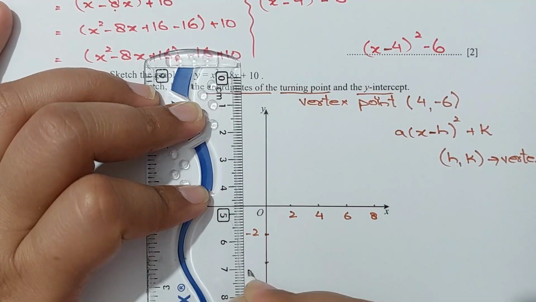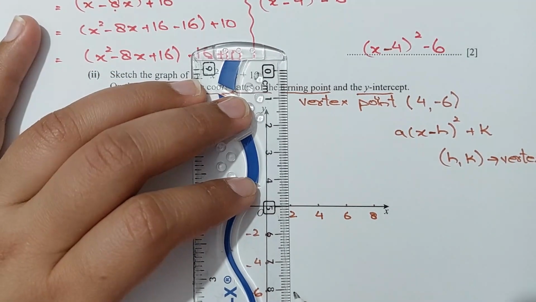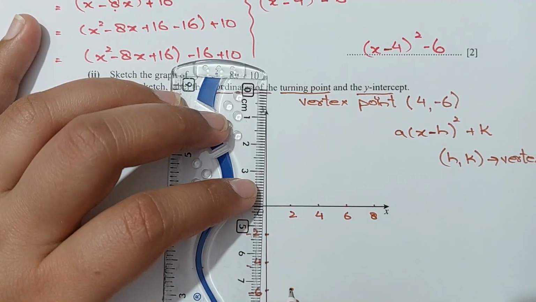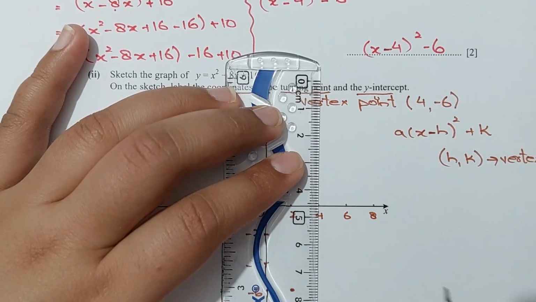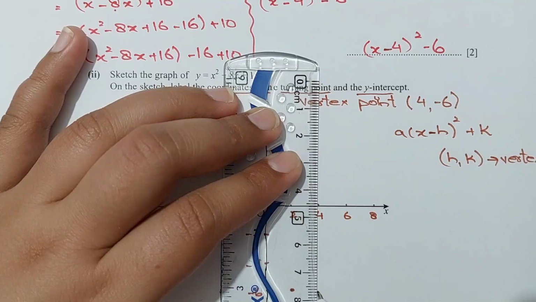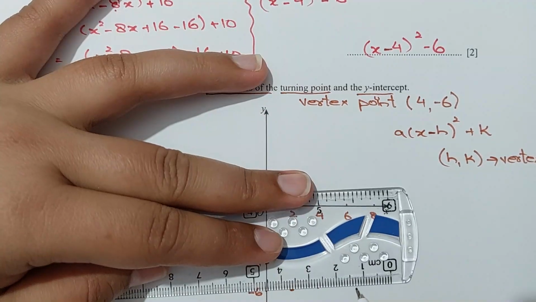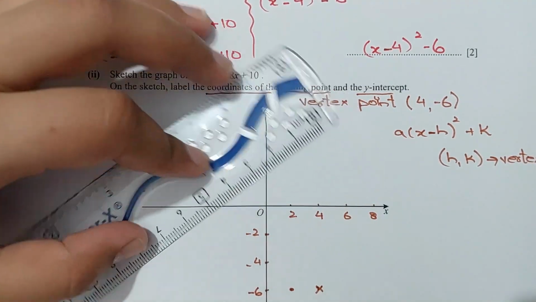This is minus 2, minus 4. Okay, 2 and negative 6. This is the vertex point. Not 2 minus 6, it's 4 minus 6. Sorry. Yeah, that is the vertex point.